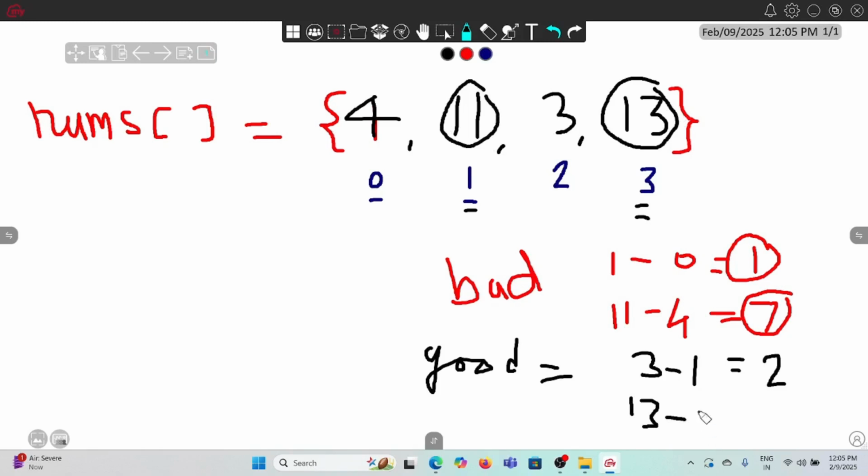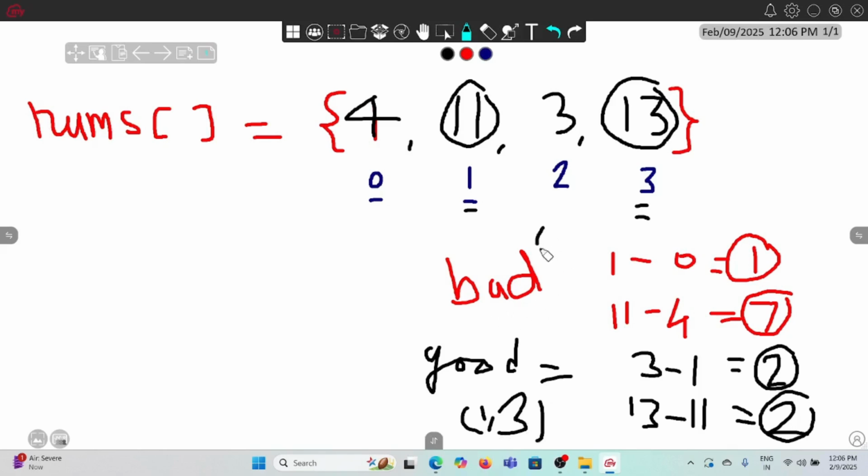So 13 minus 11 is also 2. When the value difference and the index difference are the same, we can call it a good pair. So index 1 and index 3 is a good pair, but index 0 and 1 is a bad pair.